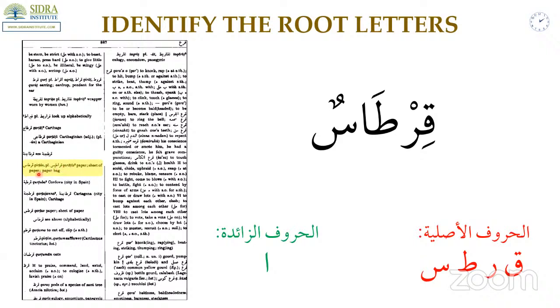Qirtasun, the plural is qaratisu, and it means paper. This comes in the Quran as well. Qirtasun, plural qaratis, has the number 2 next to it, so we are not going to say the plural with a tanween. Qaratisun, no, we're going to say qaratisu, papers.